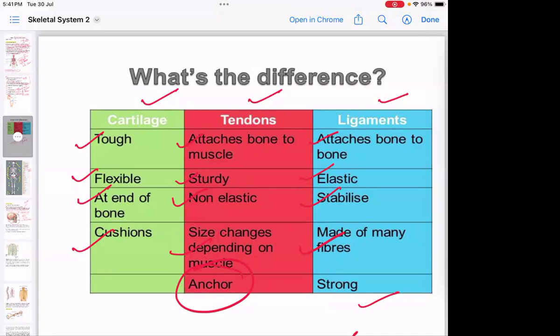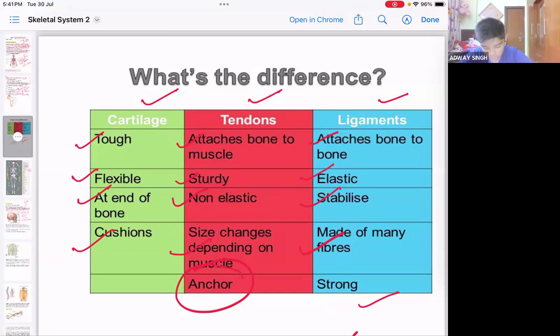Ma'am, wait. Have both of you done? No. Okay. Ma'am, can you show these three?